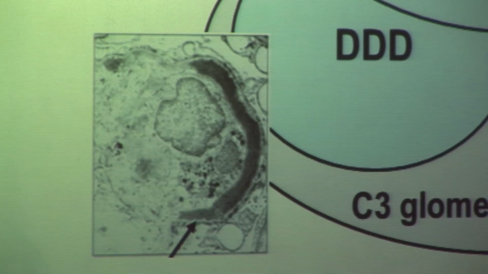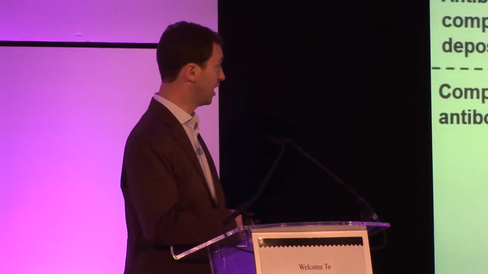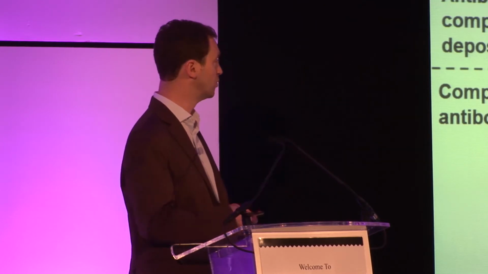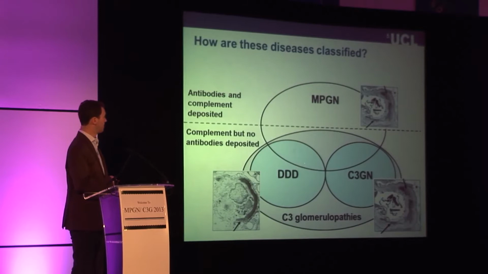If you see complement but no antibodies in the kidney biopsy, the light microscopy might look exactly the same. You might get the same expansion of the supporting cells, the same thickening of the capillary walls. Then we call this either C3 glomerulonephritis, if there are discrete electron-dense deposits, or dense deposit disease, if there's dense transformation of the basement membrane.